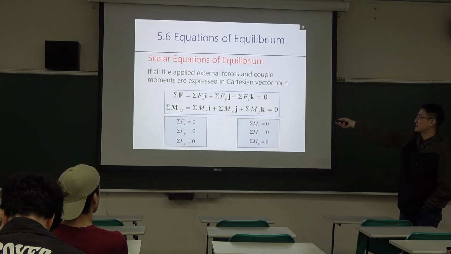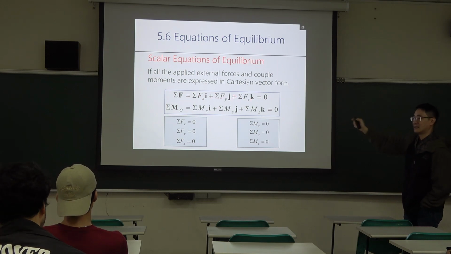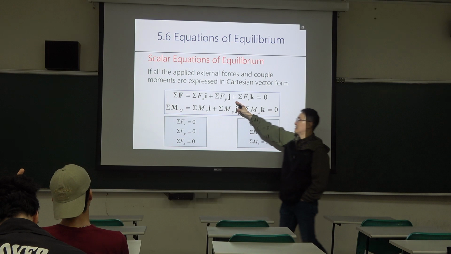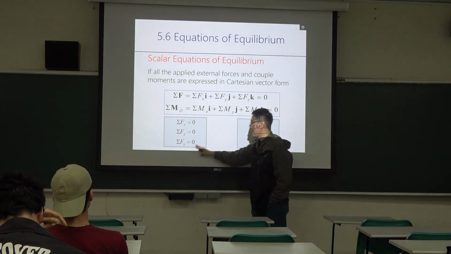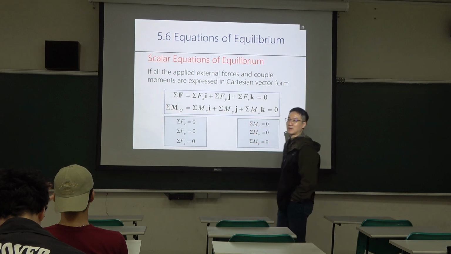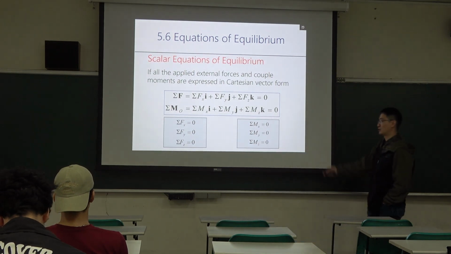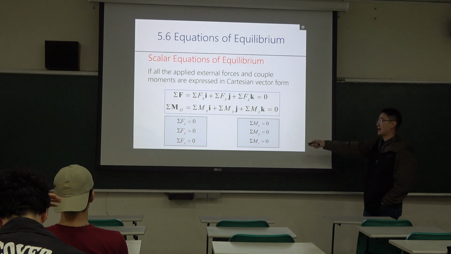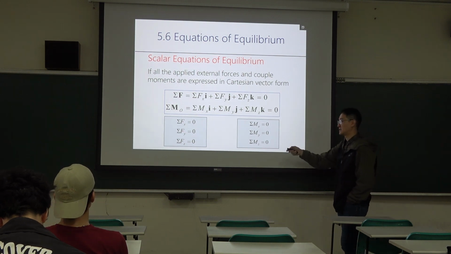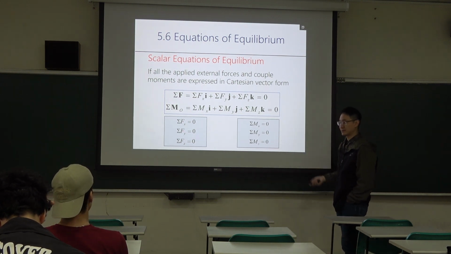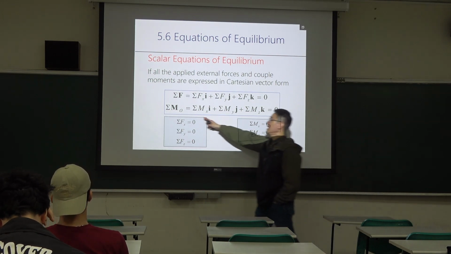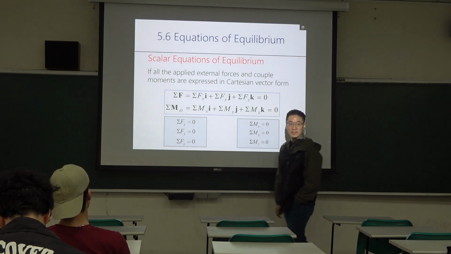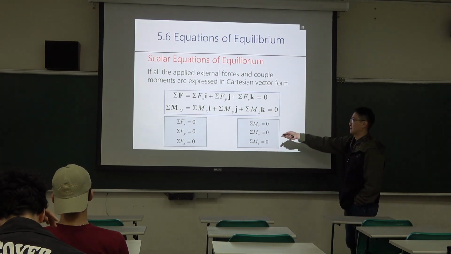They don't have influence on different axes. So the first equations we obtain: summation of forces in the X direction equal to 0, sigma Fy equal to 0, and summation Fz equal to 0. So here gives us three equilibrium equations.